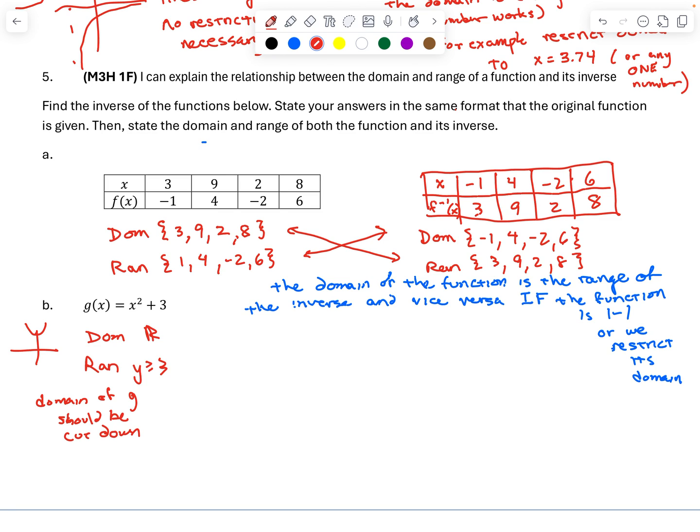Let's just calculate the inverse. So how do you find an inverse again? Let's calculate G inverse. You switch the letters, x equals y squared plus 3. Solve for the new y.